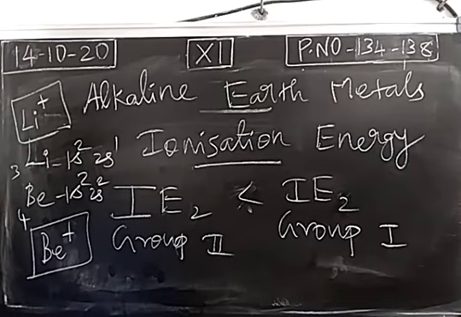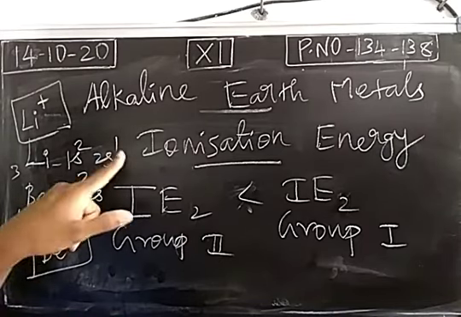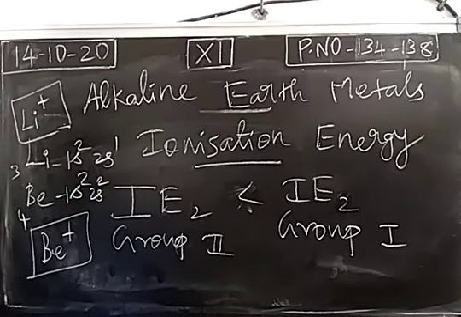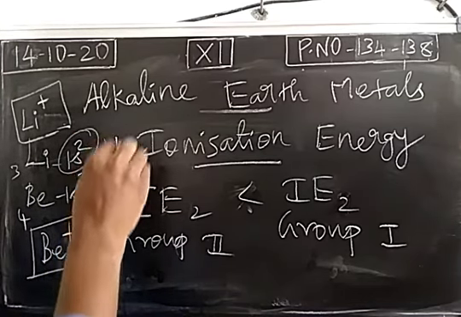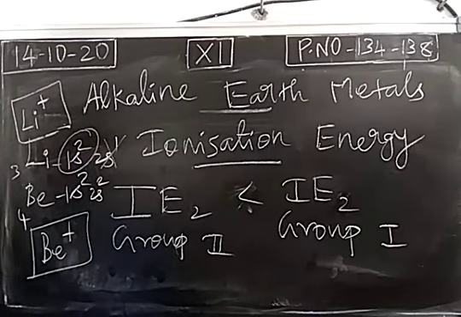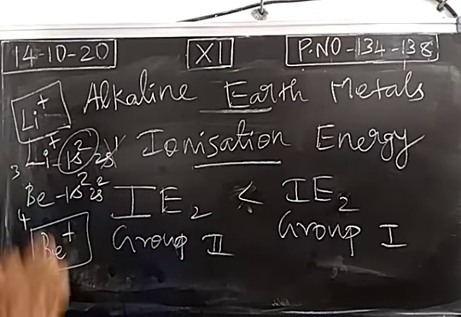Now observe the electronic configuration of lithium cation and beryllium cation. When the first electron is removed, the electronic configuration of lithium plus ion is just 1s2. So this electron is removed. The lithium cation attained the electronic configuration of noble gas helium, so this will be stable.